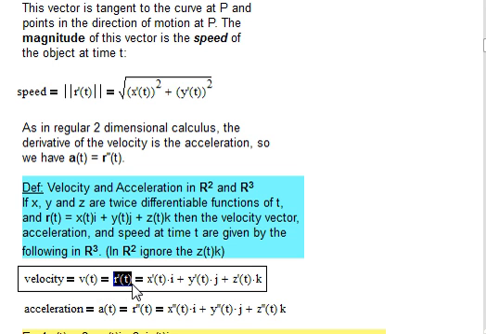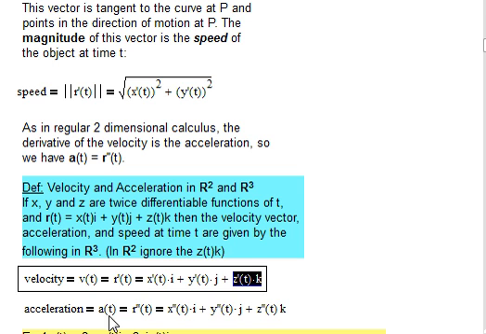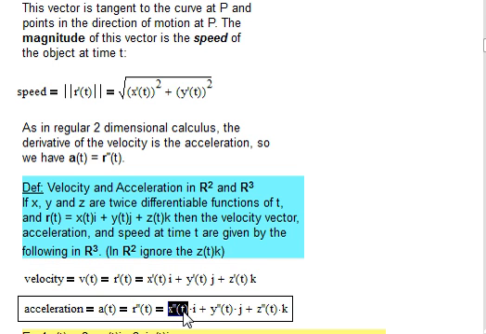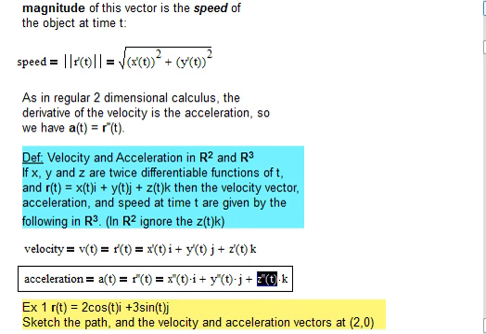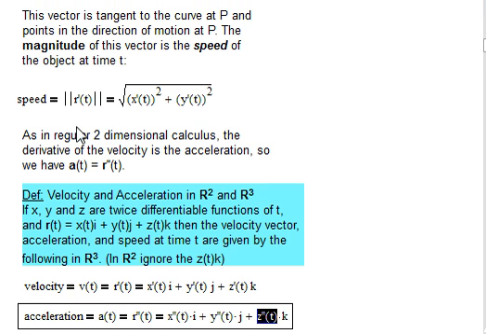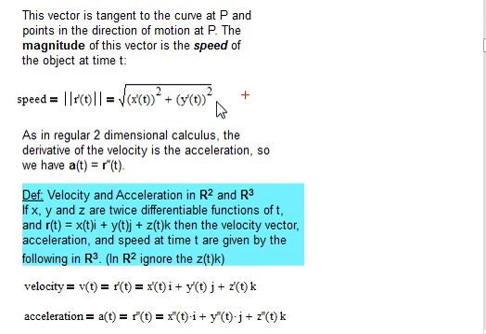Velocity is r prime of t, so x prime of t i plus y prime of t j plus z prime of t k. And acceleration is r double prime of t, which is x double prime of t i plus y double prime of t j plus z double prime of t k, just as you would have expected. And the speed is this, except with the plus z prime of t squared added into the radical if we're in 3 space.